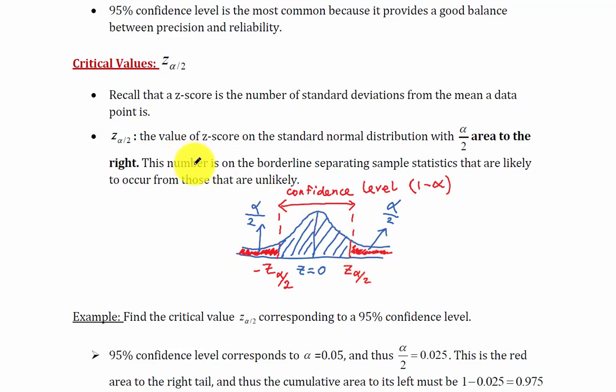Okay, and this number is on the borderline. It separates the sample statistics that are likely to occur from those that are unlikely. So let's consider this figure. Z equals 0 is just the middle of the picture, and z alpha over 2 is the critical value right here. Alpha over 2 is the area in red to the right, and there is another alpha over 2 to the left. The one in the middle is the confidence level of 1 minus alpha.